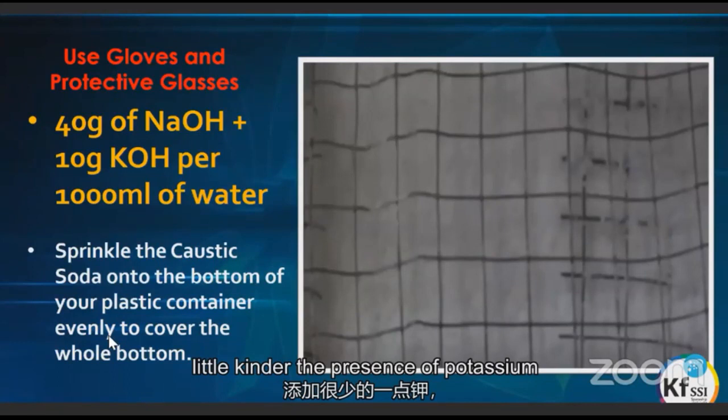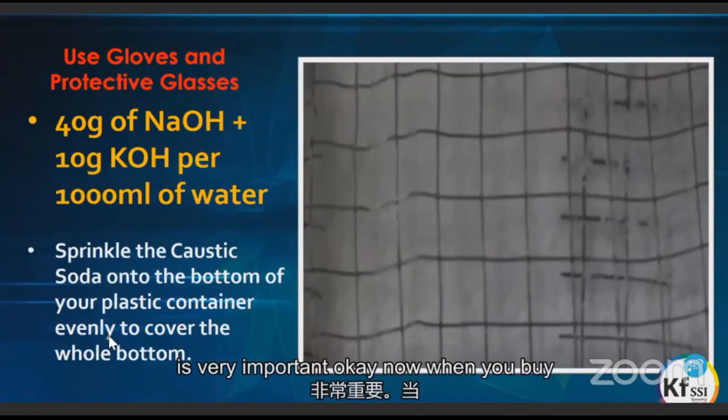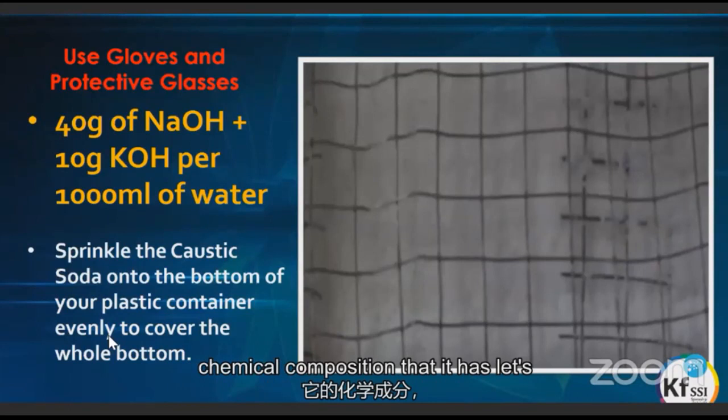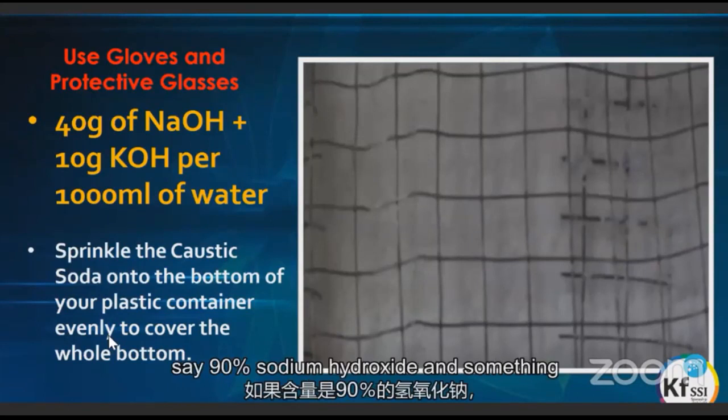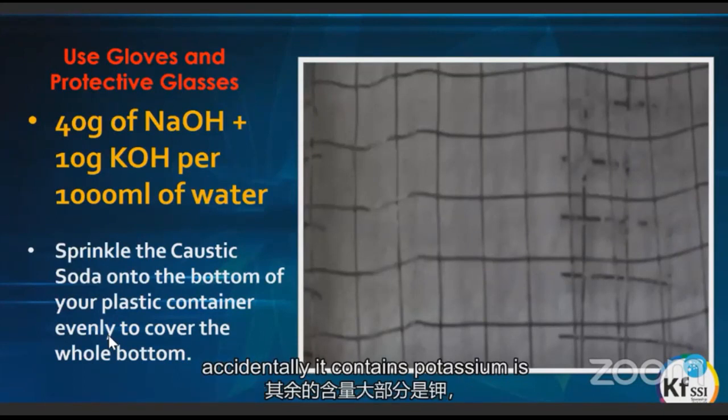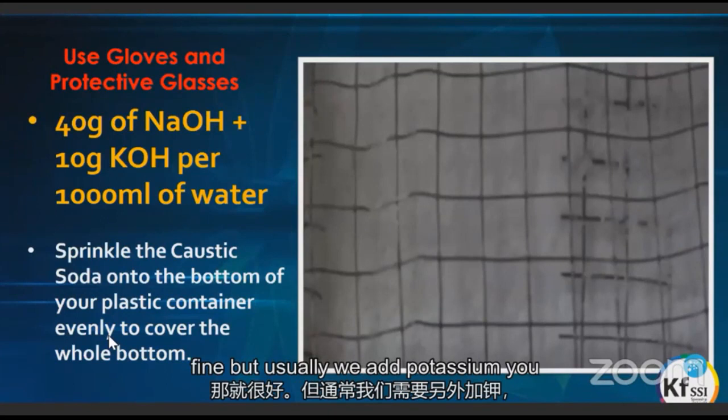The presence of potassium is very important. When you buy your caustic soda, sometimes you find its chemical composition is, let's say, 90% sodium hydroxide and the rest is something else. If it accidentally contains potassium, it's fine. But usually we add potassium.